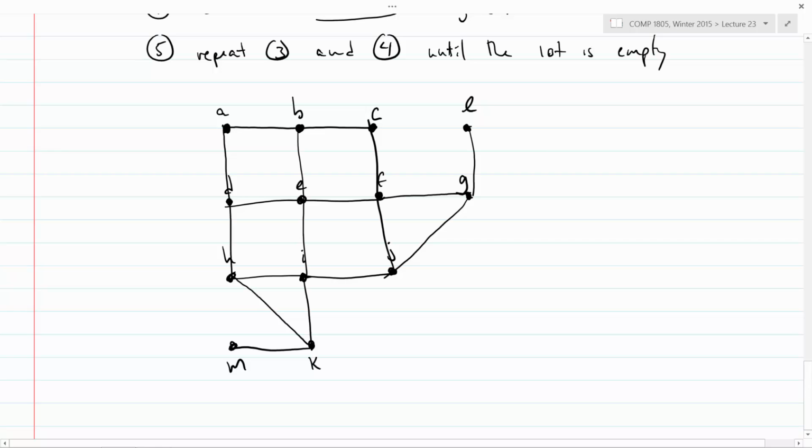All right, that's what our graph looks like. I'm just going to draw the labels off to the sides so they don't interfere here.